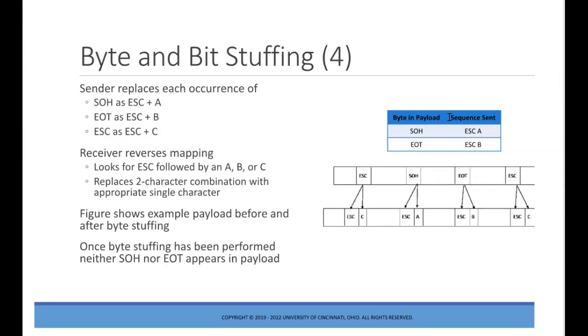The sender replaces each occurrence of SOH by the 2 characters ESC and A, each occurrence of EOT by the characters ESC and B, and each occurrence of ESC by the 2 characters ESC and C. Each receiver reverses the mapping by looking for ESC followed by an A, B, or C, and replacing the two-character combination with the appropriate single character.